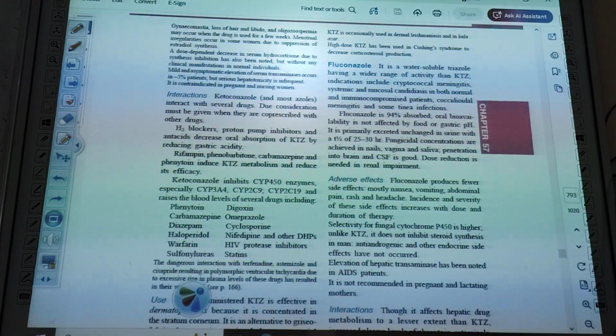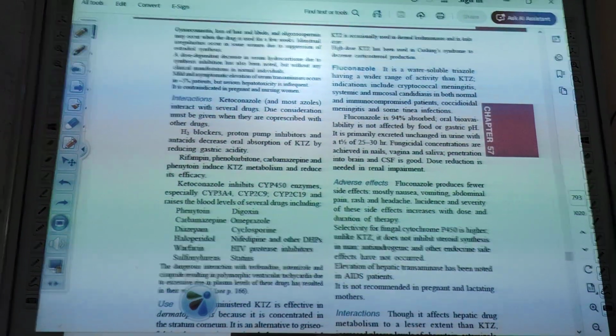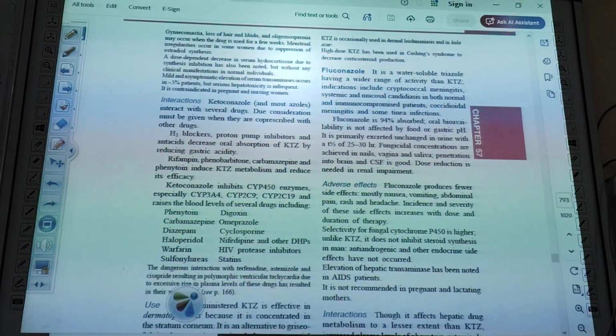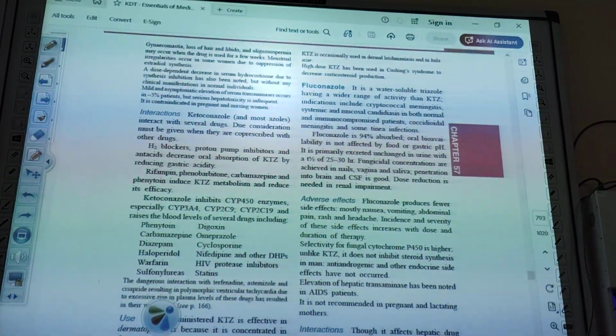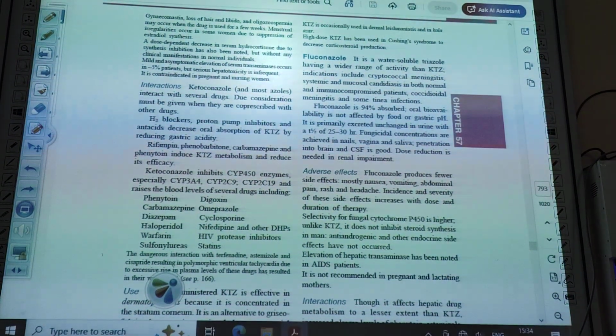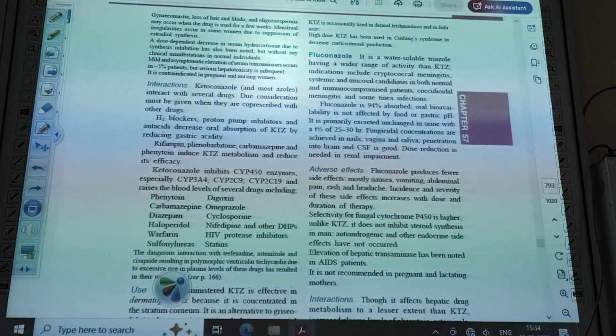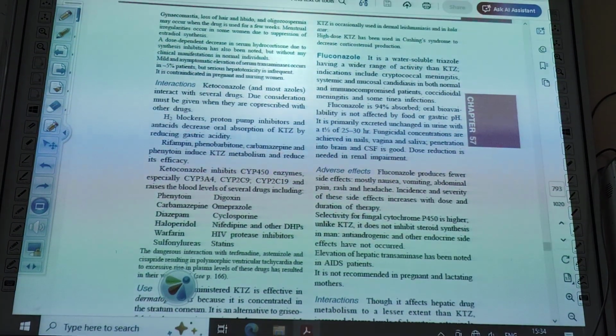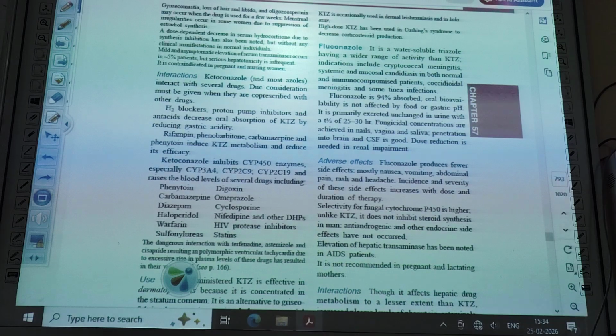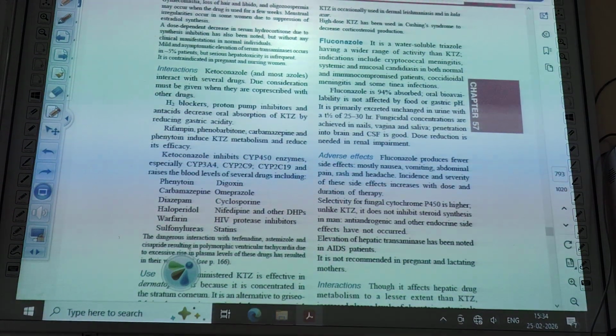Indications include cryptococcal meningitis, systemic and mucosal candidiasis in both normal and immunocompromised patients. Patients who are suffering from AIDS are immunocompromised, that is, they have less immunity.